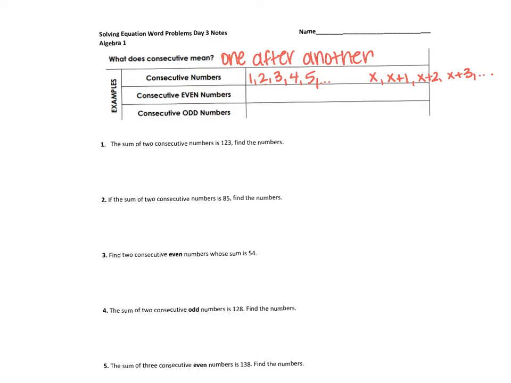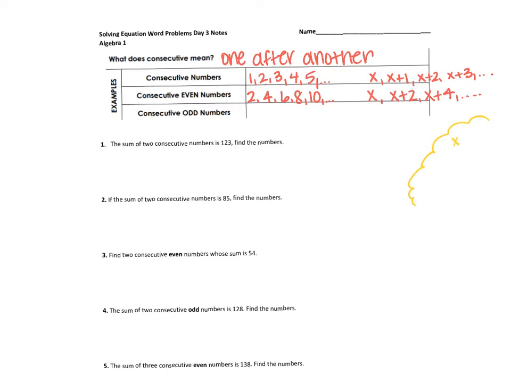Consecutive even numbers are like 2, 4, 6, 8, 10, and so on. And the way we write that using variables is x plus 2, x plus 4, and so on. And again, think about it. I'll do a little side bubble over here.